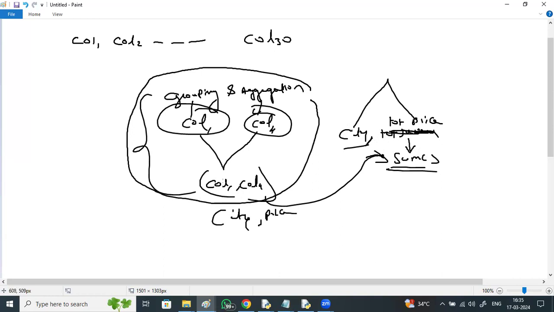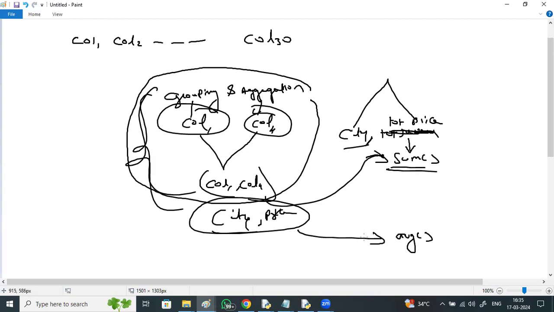Tomorrow I want to perform on the same city and price an average aggregation. But directly I cannot take this output and perform average. We need to re-execute from the starting.